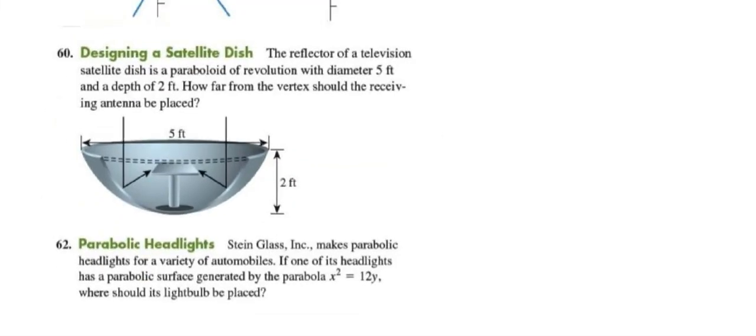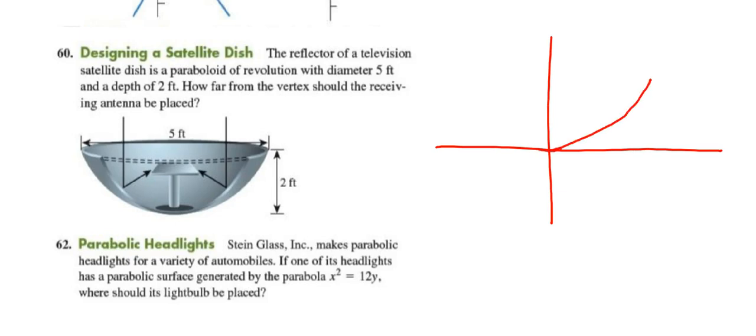Okay. Now, on 60, the reflector of a television satellite dish is a paraboloid of revolution with 5 feet diameter and depth of 2. Remember, we talked about how you would want to center this right at the vertex. Make it easy for yourself. You should be able to tell me what this coordinate is right there that I've highlighted.